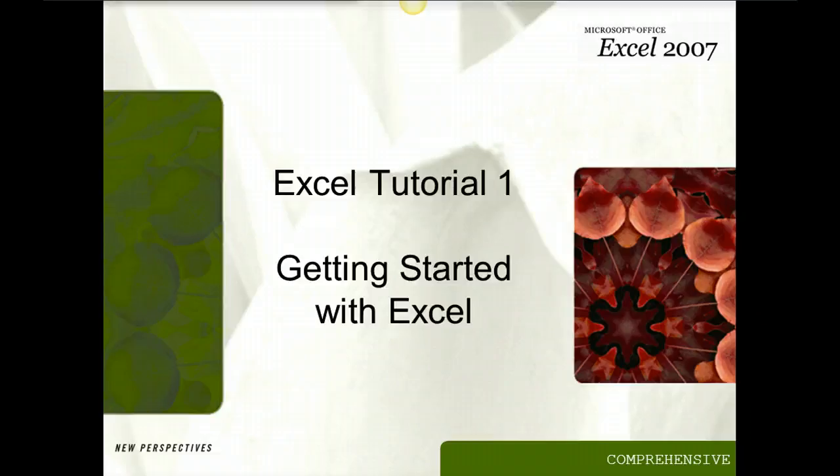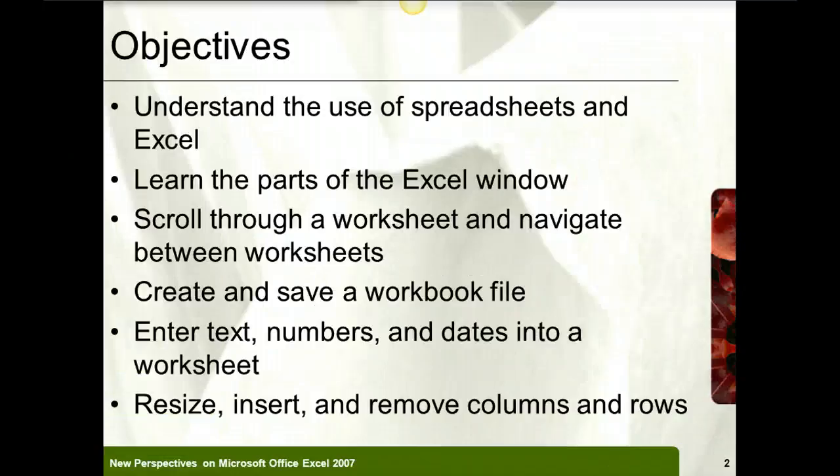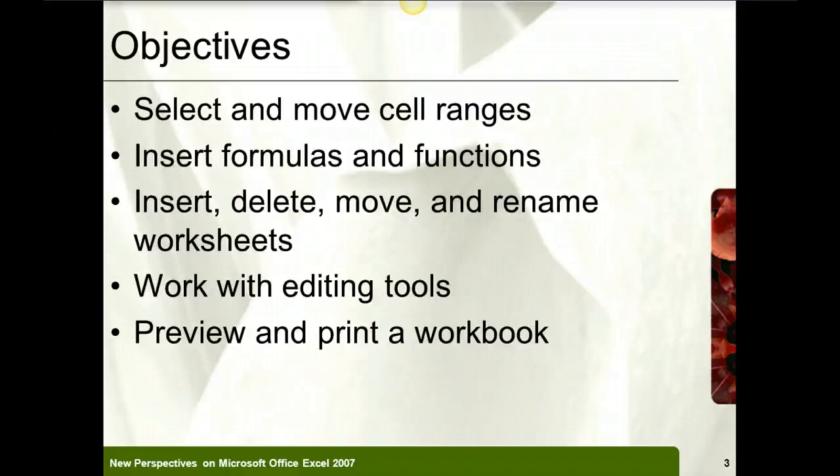I'm using the beginning of the book on Excel Tutorial 1, Getting Started with Excel, going over how to understand spreadsheets in Excel, the parts of a window, scrolling around through a worksheet and navigating between workbooks or worksheets, creating and saving a workbook file, entering text, numbers, and dates into a worksheet, resizing, inserting, and removing columns and rows, selecting and moving cell ranges, inserting formulas, inserting, deleting, moving, and renaming worksheets, working with editing tools, and previewing and printing a workbook.